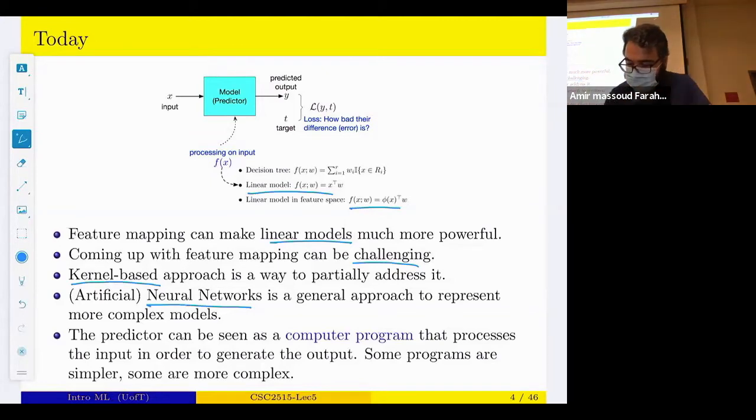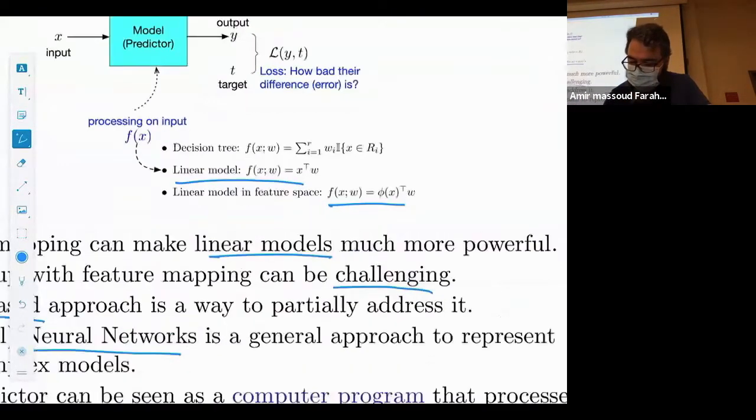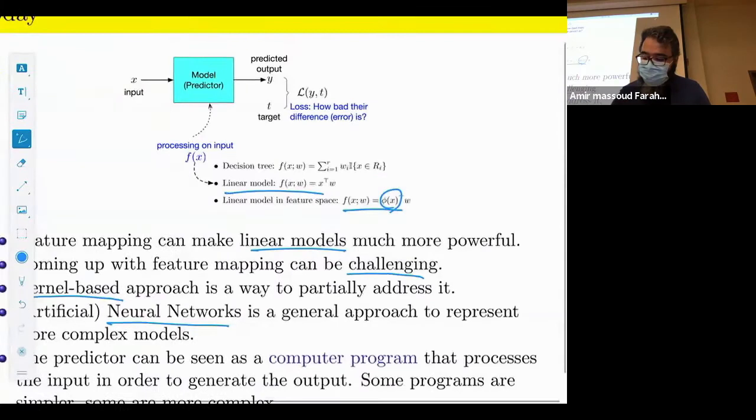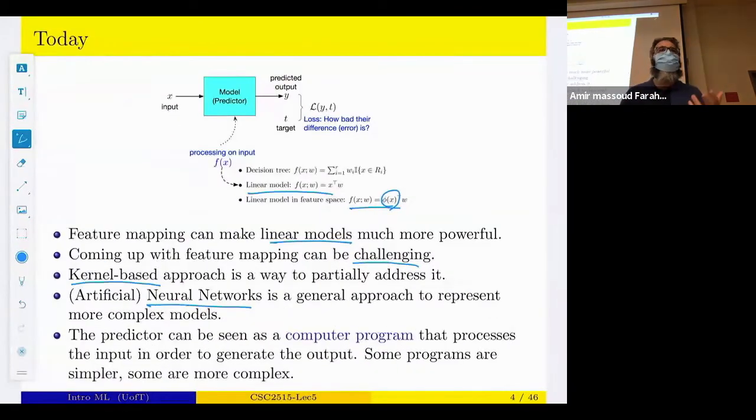The linear model in feature space is basically doing the same thing, but before that it does a little bit more processing, and that processing is computing a feature map. Neural networks, as you will see, do another form of processing, which is more complex compared to linear models or linear models in feature space.